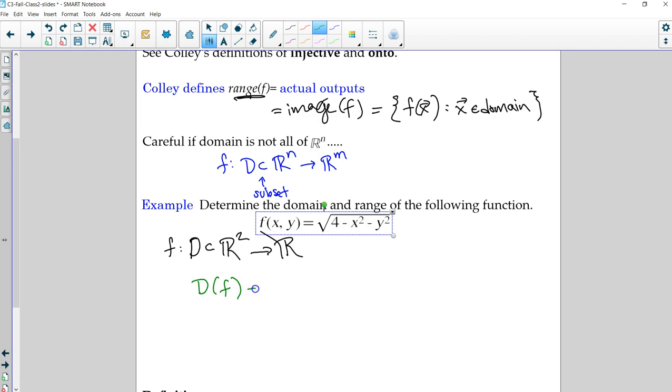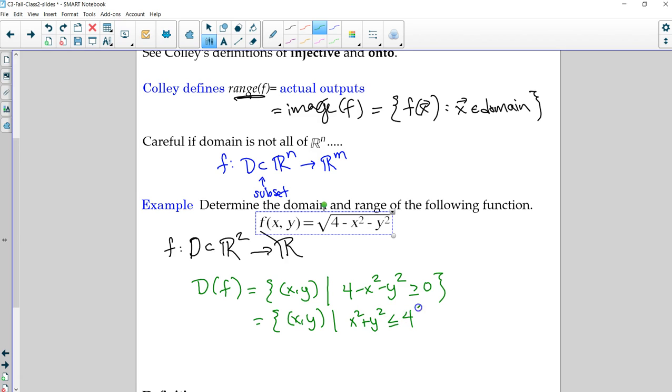We say that D of f is the set of all x, y, because we have two input variables, such that, given the function, since it's a square root function, we need the values underneath the square root to be nonnegative. So we need 4 minus x squared minus y squared to be greater than or equal to 0. Simplifying this a bit, x and y such that x squared plus y squared is less than or equal to 4.